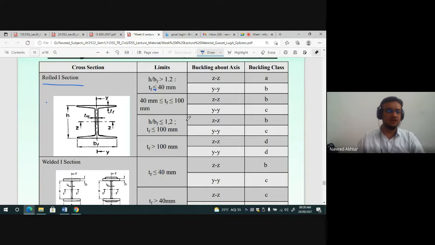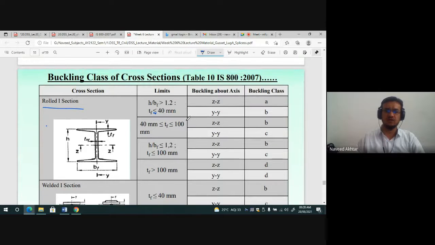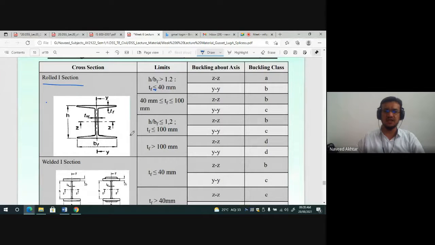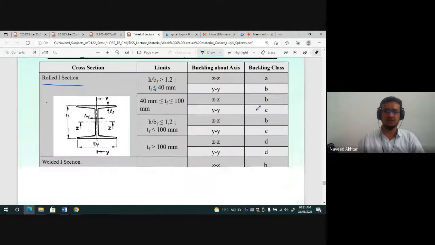So generally to find out the chi factor or the design compressive stress, there is a table given in the IS code to get the value of fcd directly. Based on that, you should know the buckling classification, and these are the guidelines given by the IS 800 2007.